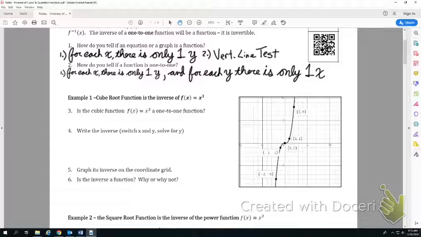If it's not a one-to-one, then the inverse is not a function. Okay, that's what that tells you. How you can tell also if you're looking at the graph, you would look to see if it passes the horizontal line test. And that's the exact same idea as vertical, just with a horizontal line.